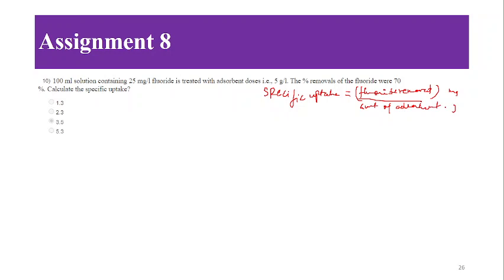So the base given here is 100 ml of solution. However, the concentration given here is 25 milligram per liter. So in 1 liter, it has 25 milligram of fluoride. So in 100 ml or 0.1 liter, it will have 2.5 milligram.